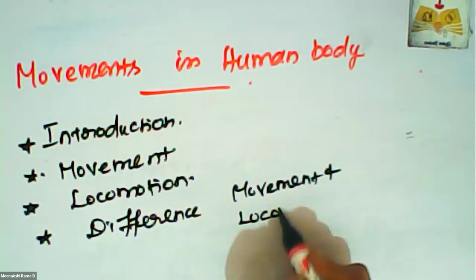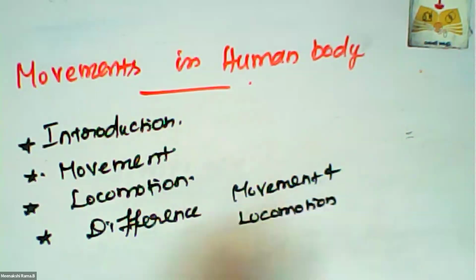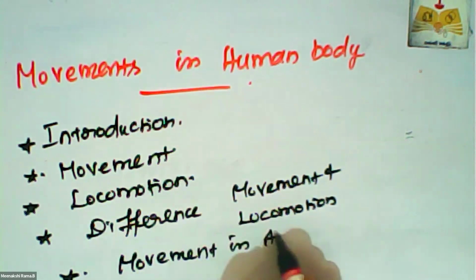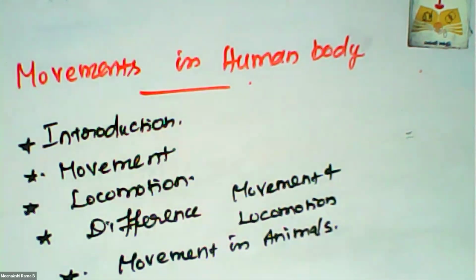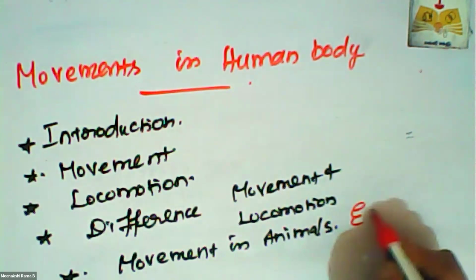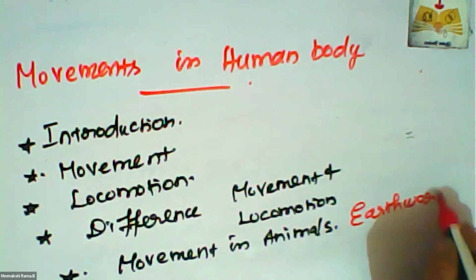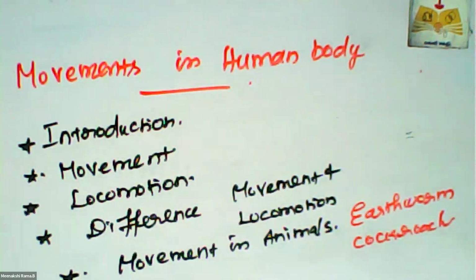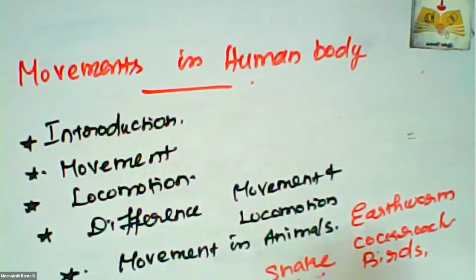The third topic is distinguishing movement and locomotion. And the next one is different kinds of animal movements. What are the animal movements we learned in this session? Earthworm and cockroach, and the next one is bird movement, and then snake movement, and then fish. So these are the topics we learned in this session.